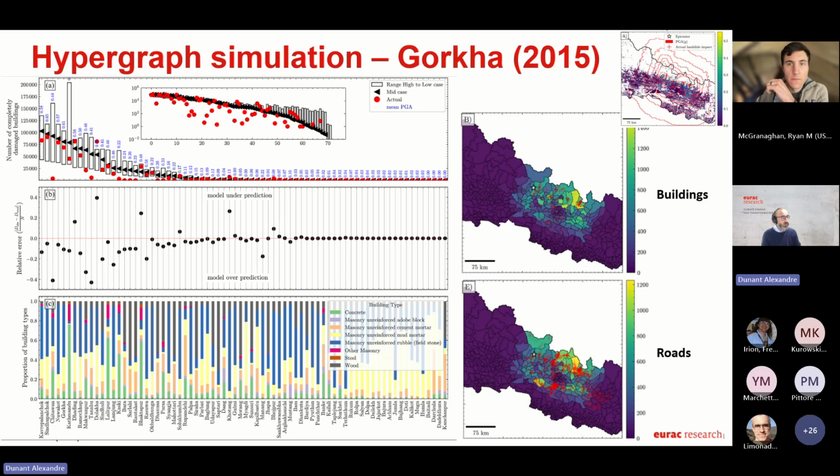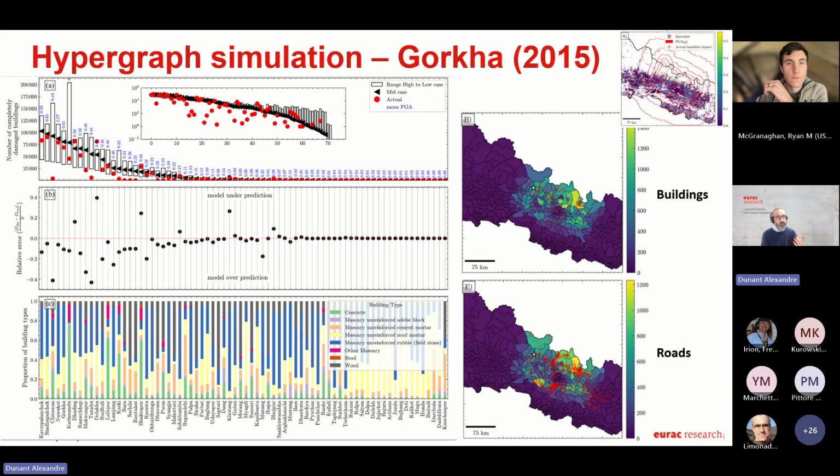The second line is the relative error, and you can see that even though we're relatively happy with the model, there is some movement around this line. We think it's mainly related to the shape of the ground shaking, which we believe was more elongated than what was in the model.